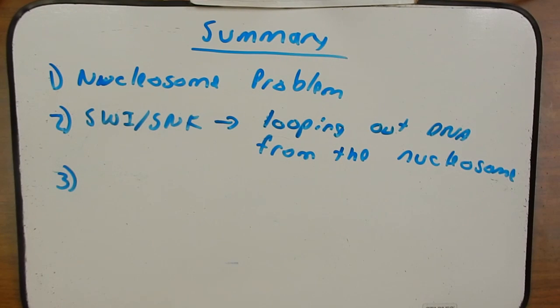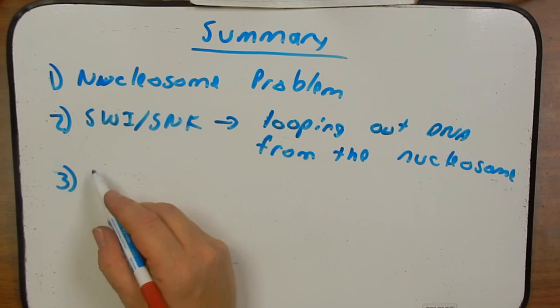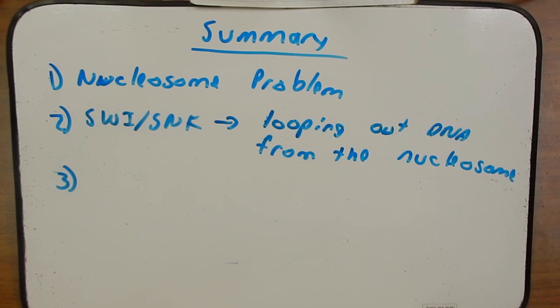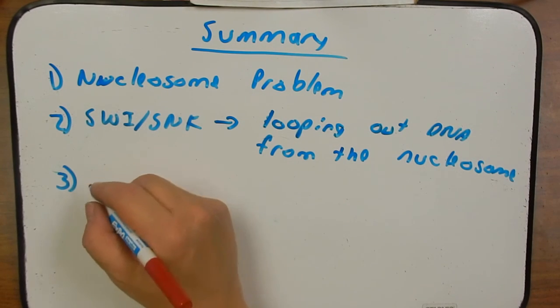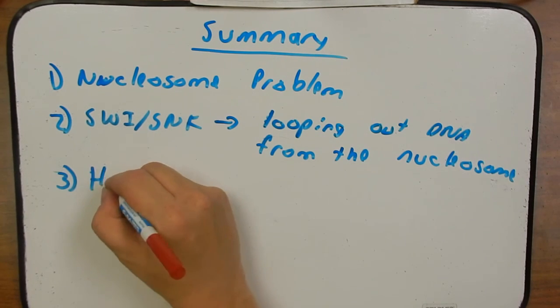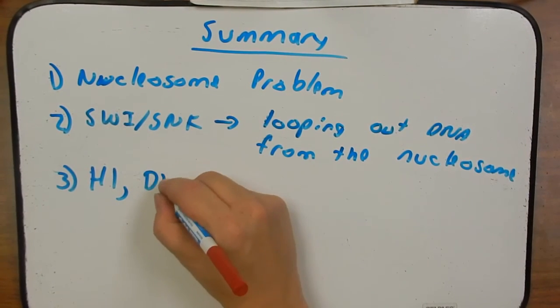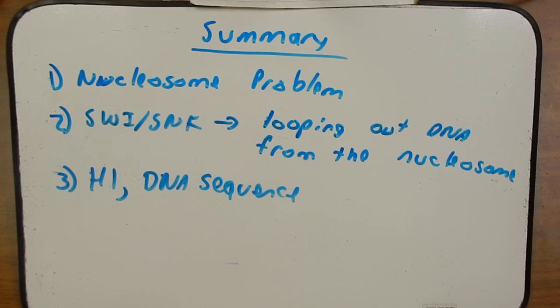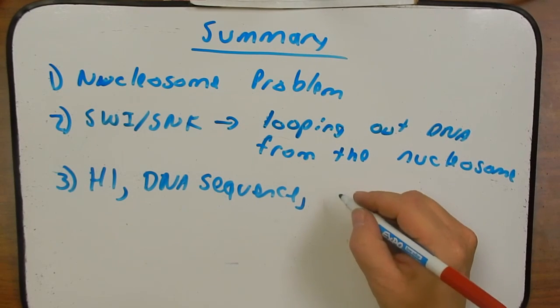And then we took a step back, trying to address how it is that SWI/SNF can have that first contact to begin to pull apart that DNA. And we talked about several things that could account for this. We talked about the role of H1, DNA sequence, particularly the nucleosome exclusion element.